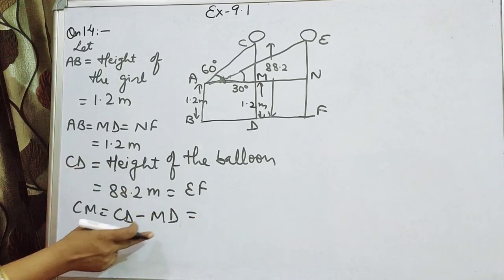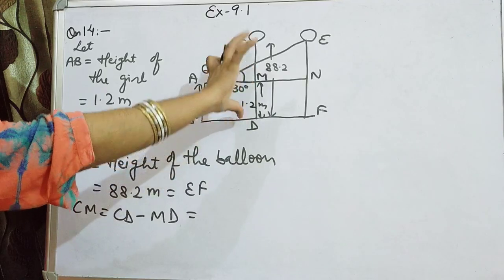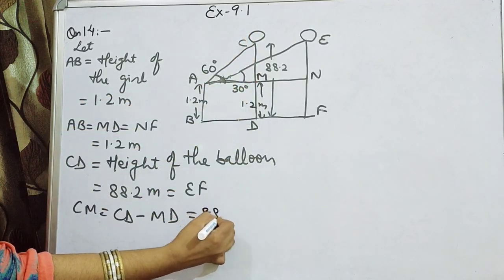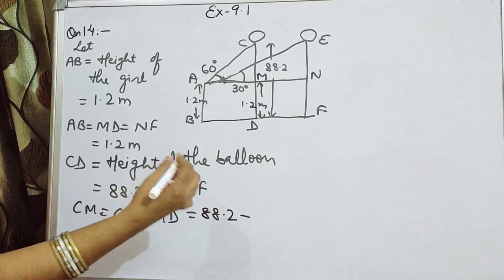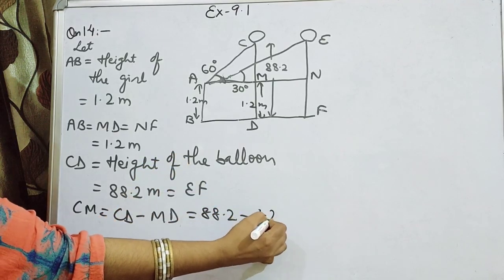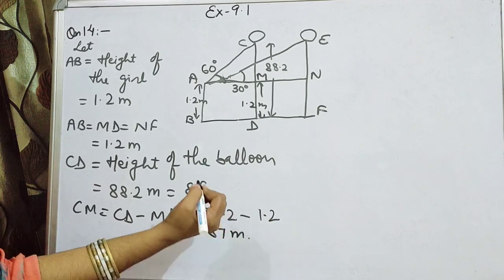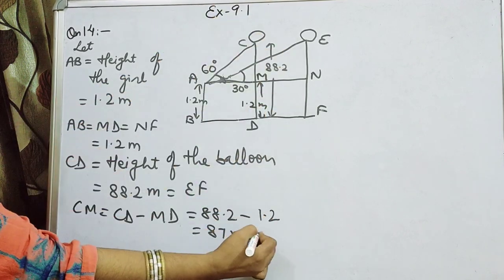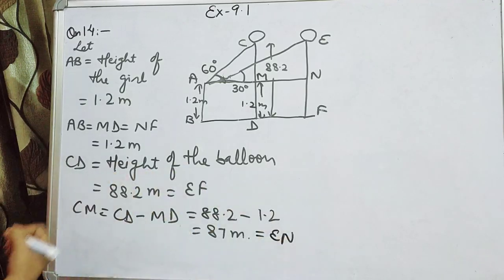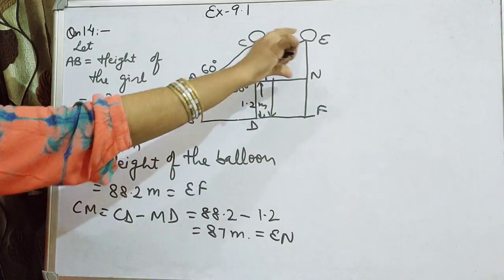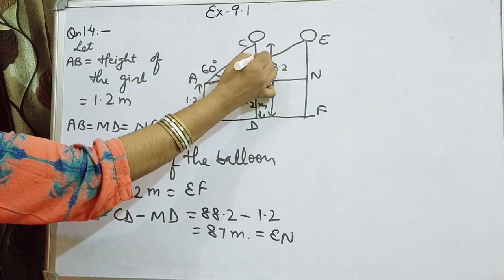CD is 88.2, MD is 1.2, and we'll get from here 87 meter, which is equal to EN also. So now we have both of these lengths, CM and EN. This is 87, this is also 87.